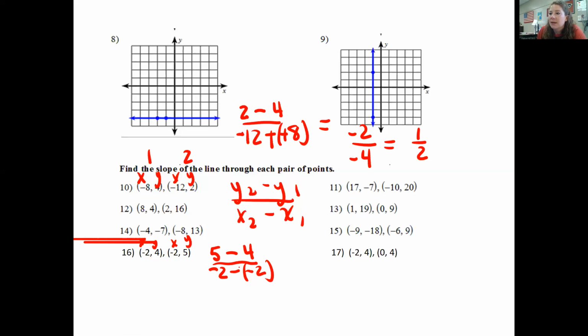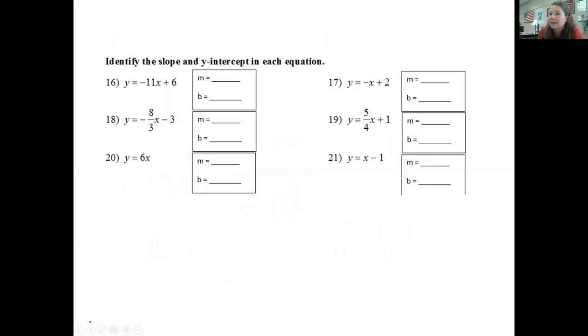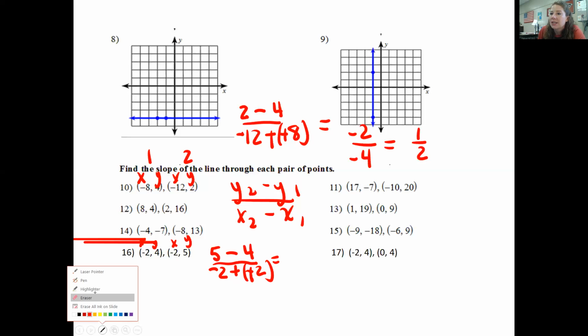What do I do when I see a minus a negative? Bam, bam. So to find the slope, I'll do 5 minus 4, which is 1. I changed the slide. My pen just turns off whenever it wants to. 5 minus 4 is 1. Negative 2 plus 2 is 0.